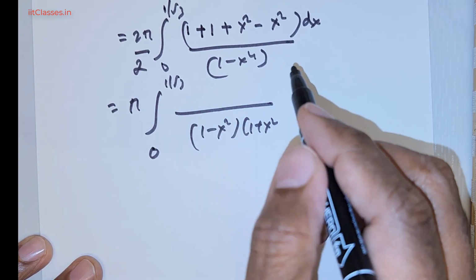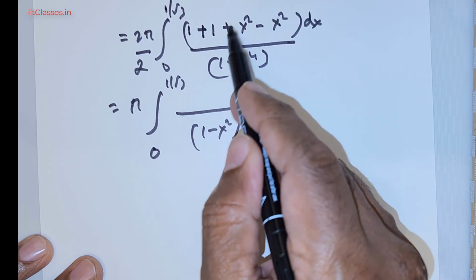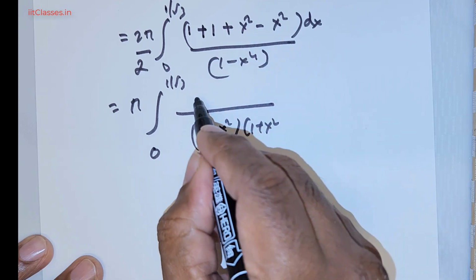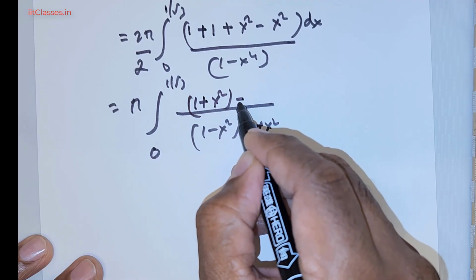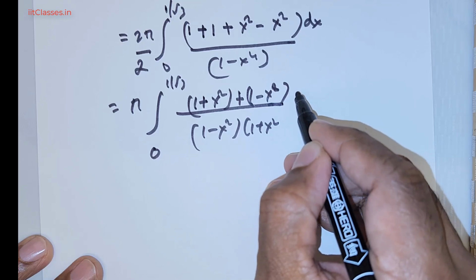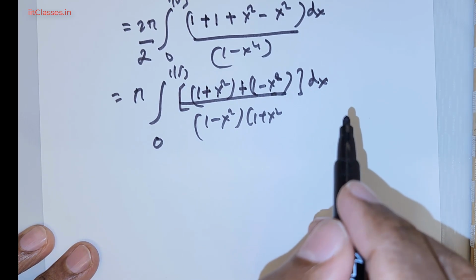So I will have to suitably place the quantities. The first quantity I'm going to have as 1 plus x squared followed by 1 minus x squared, multiplied with dx. So this is how I'm going to write the quantities.